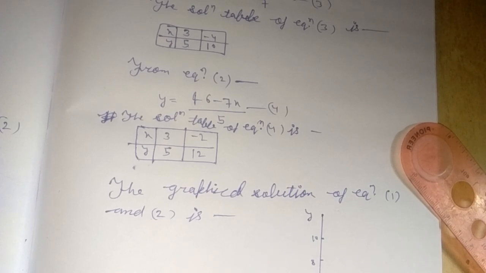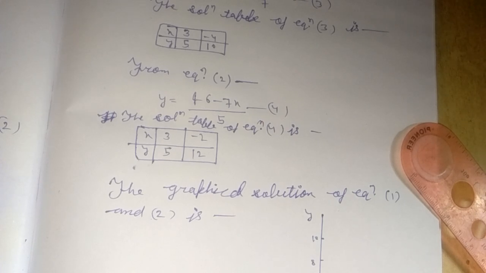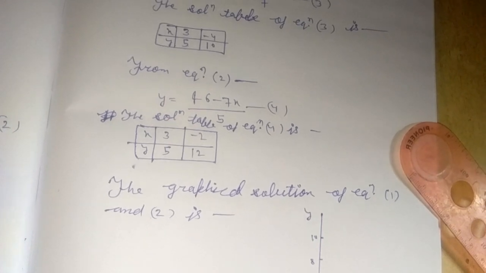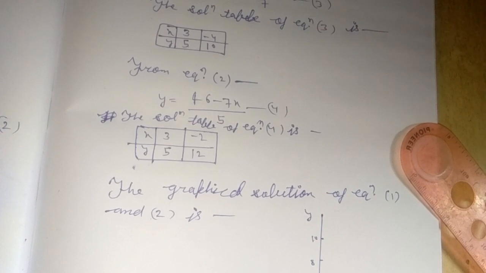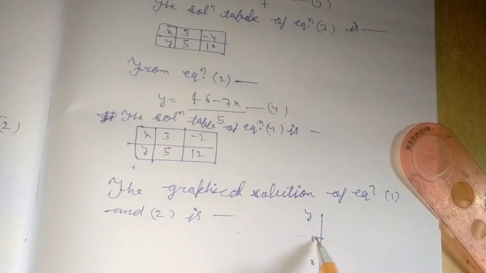It will be here, 3 comma 5, and when you take x is equal to -4, you will get y is equal to 10. At -4 we get 10. So the second point is this. We join these two.